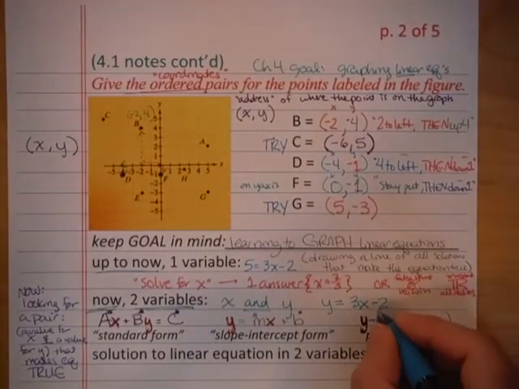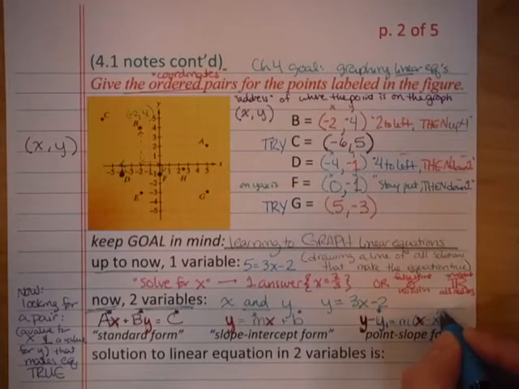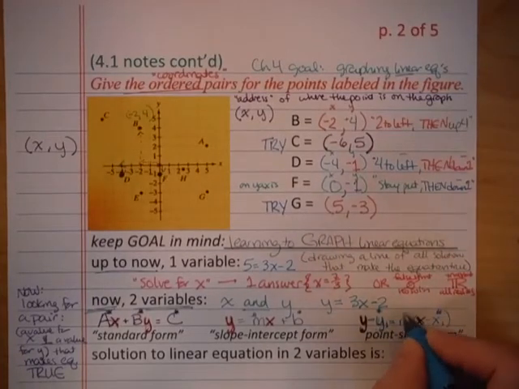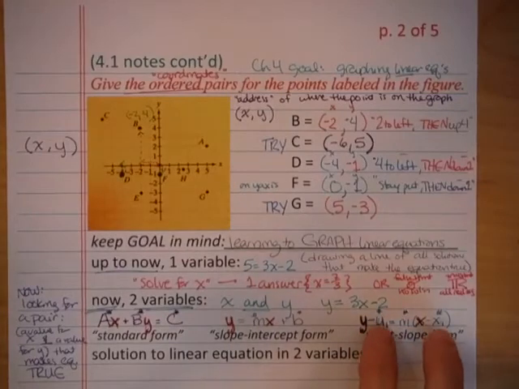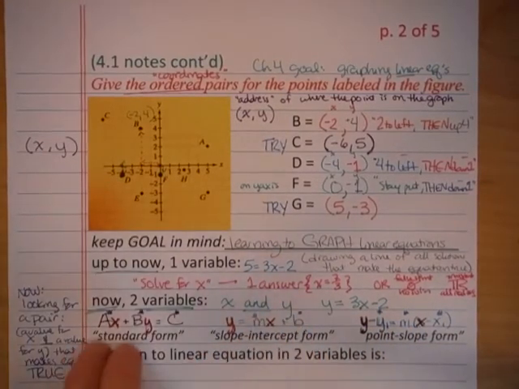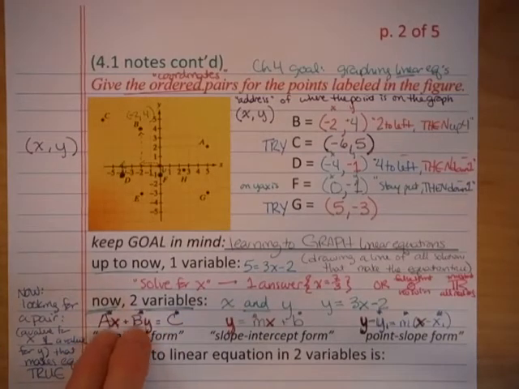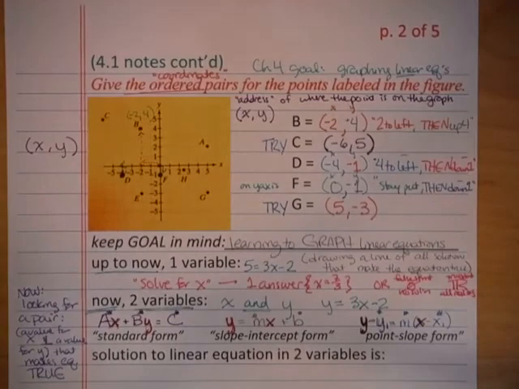This will be a y coordinate of a point on the line. This will be an x coordinate of that same point on the line, and then your m will be your slope again. So it's point-slope form. It involves a point and the slope. This involves the slope and the intercept. This is the standard form. Everything's kind of in its proper place. The capital letters remind you that this is the formal version.